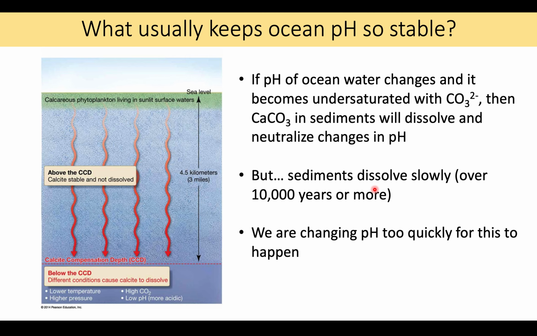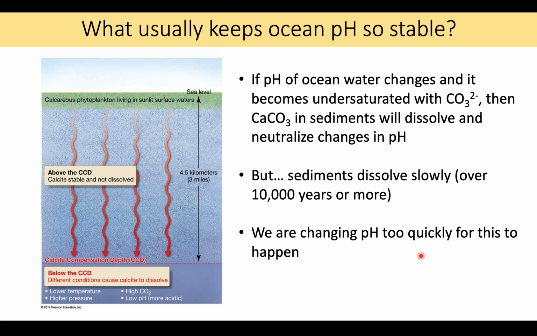So what normally keeps the pH stable? Well, generally, if the pH of the water changes, it becomes undersaturated with those carbonate ions. The calcium carbonate in the sediments on the bottom of the ocean will dissolve.